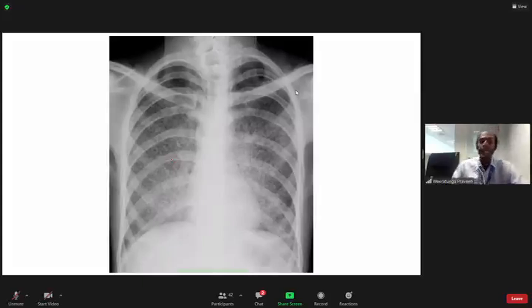And miliary TB is the top differential for this, right? And then also you need to consider very small metastatic deposits, which are called miliary carcinomatosis, right? So that is what you see in this X-ray, miliary tuberculosis, miliary carcinomatosis.